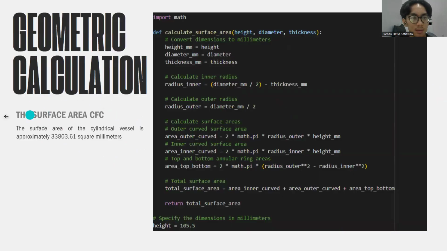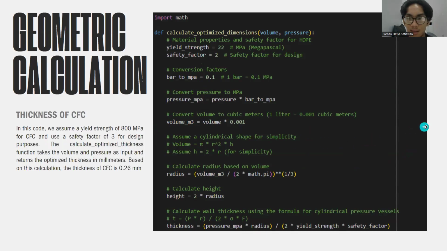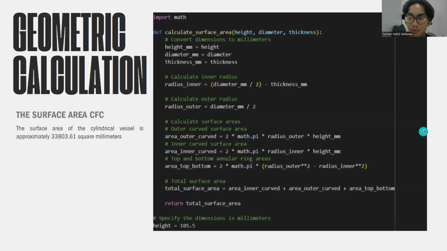We're going to do the geometric calculation of the surface area of CFC too. That is basically the same as the code we used for HDPE. For this, I put in parameters such as inner height, radius, and thickness that we got before for the surface area.